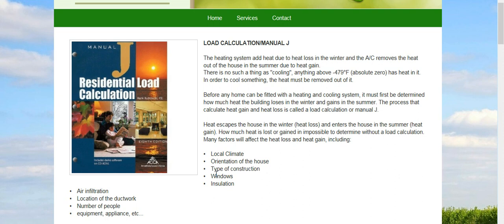That's why a load calculation is crucial to understanding energy efficiency.